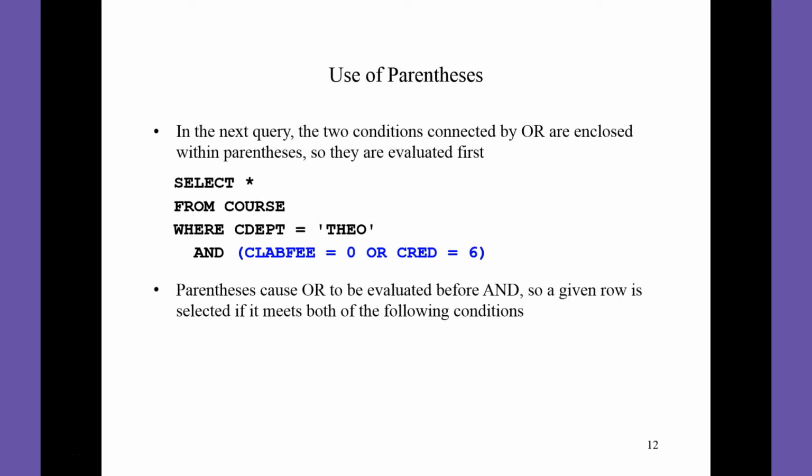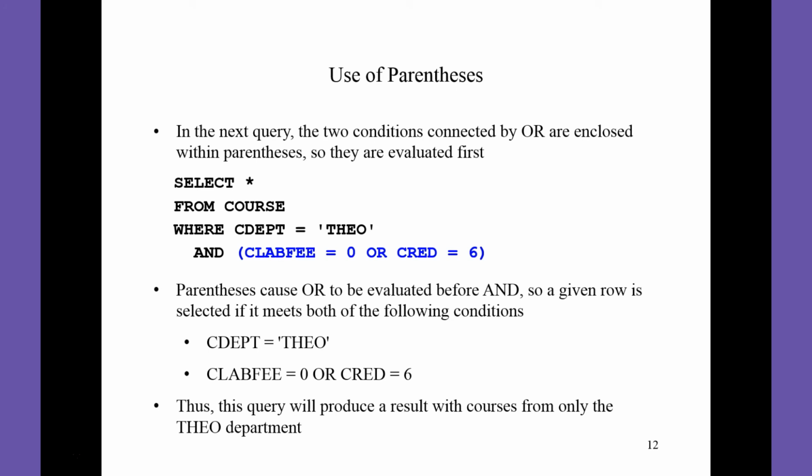So a given row is selected if it meets both of the following conditions. Department is equal to theology, and the complex condition that involves lab fee being equal to 0 or credit being equal to 6. Thus, this query will produce a result with courses from only the theology department.